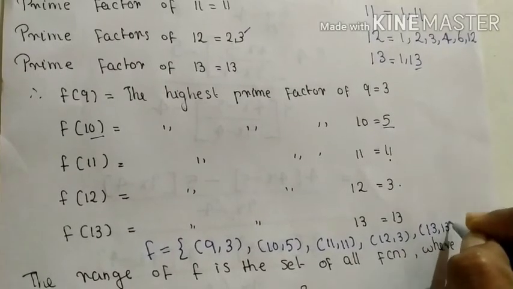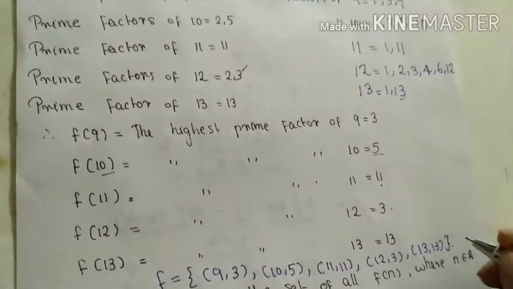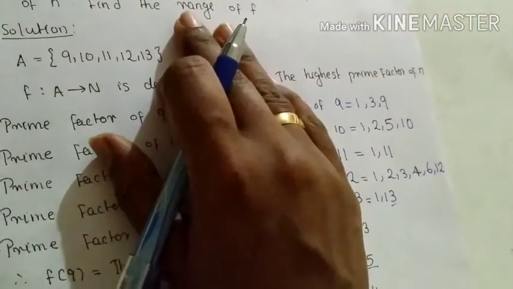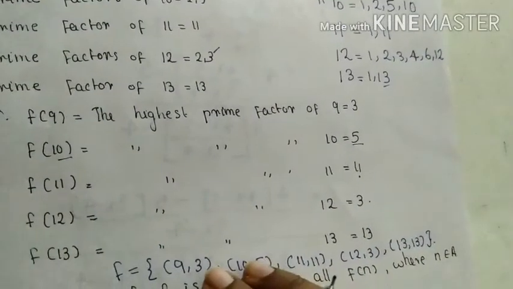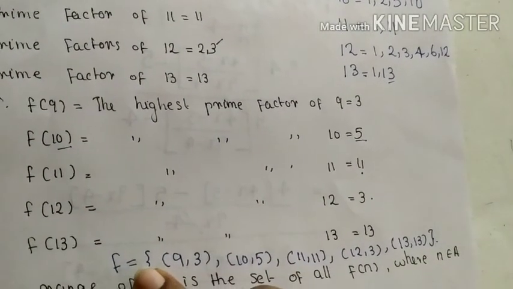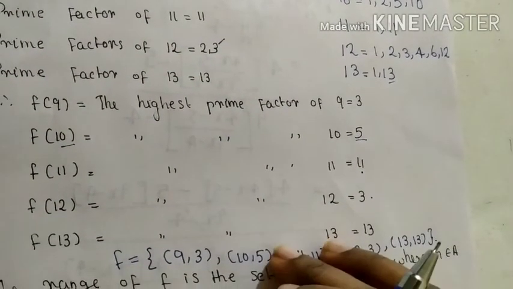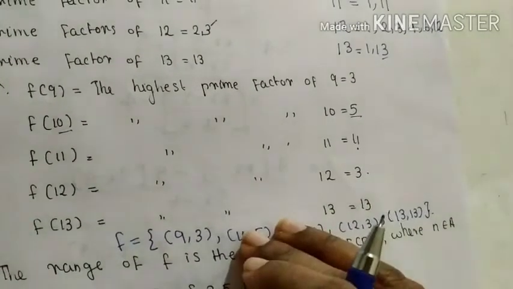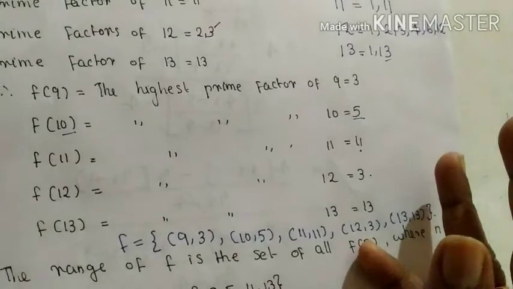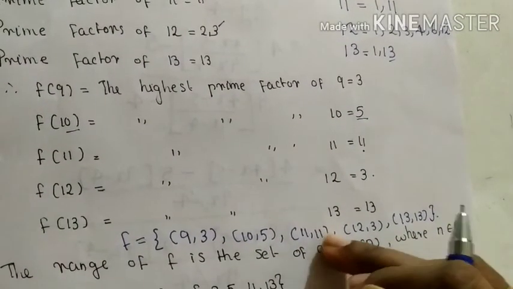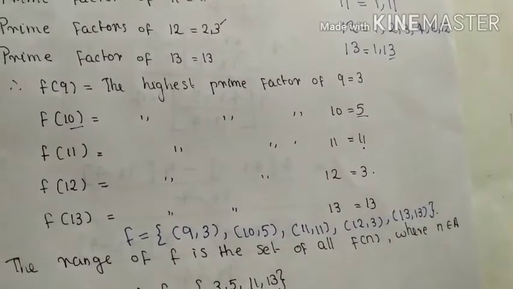If you observe the question, we need to find the range of the function. We know that the set of all second elements of the function is called the range.